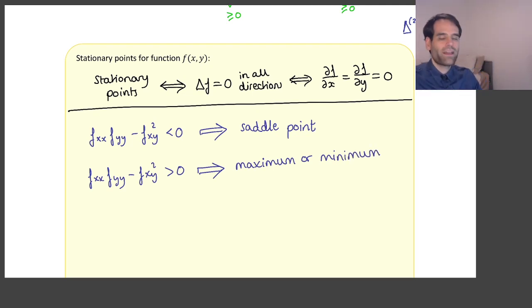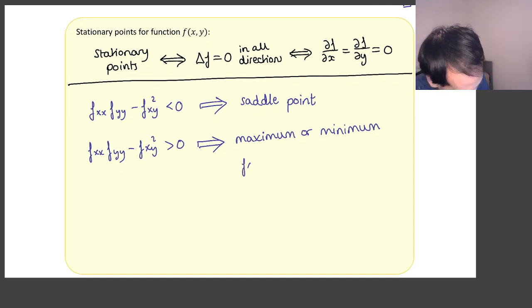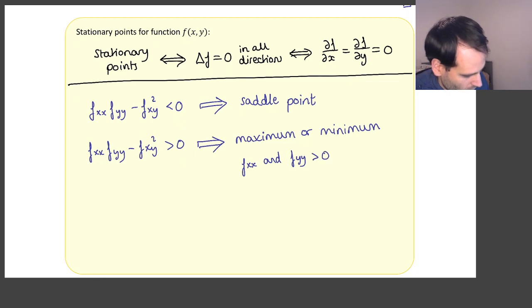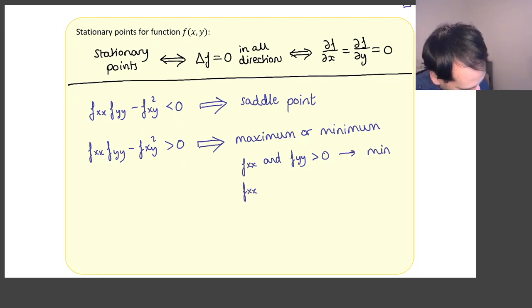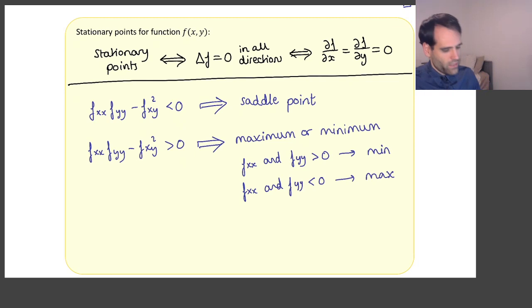And the way to tell if it's a maximum or a minimum is very easy. If fxx and fyy are positive, then this is a minimum. And if fxx and fyy are negative, then this is a maximum. Please note that if this is true, then it's impossible for one of these to be positive and the other to be negative.